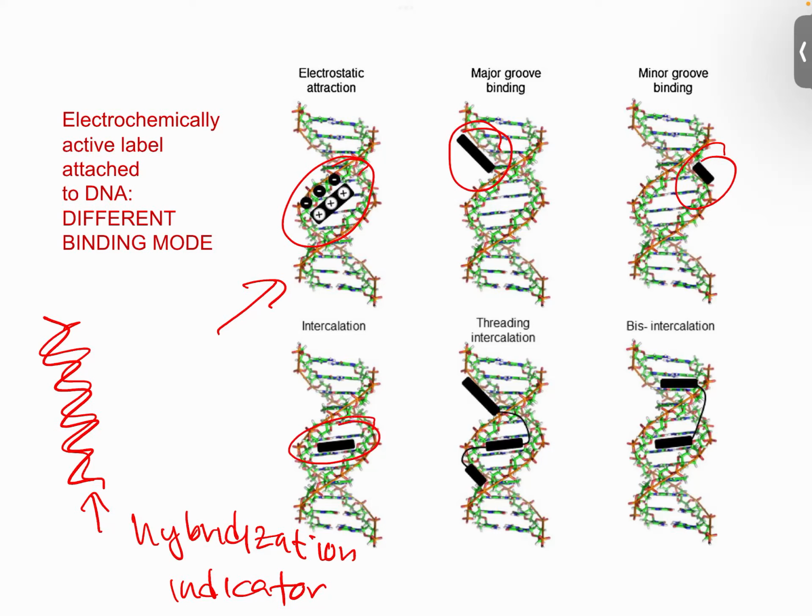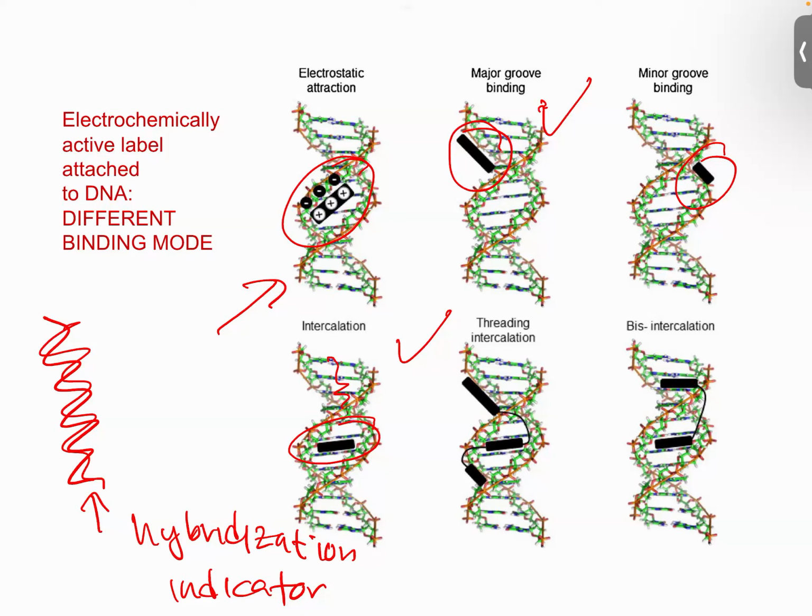Mainly we use major groove binders and the intercalation process. Do not trouble yourself if it is complicated. It's just a simple process. One is intercalating, meaning that it goes inside the double-stranded DNA because of the interaction. Remember that there is a phosphate backbone here. And then major groove binding is just hydrogen bonding.